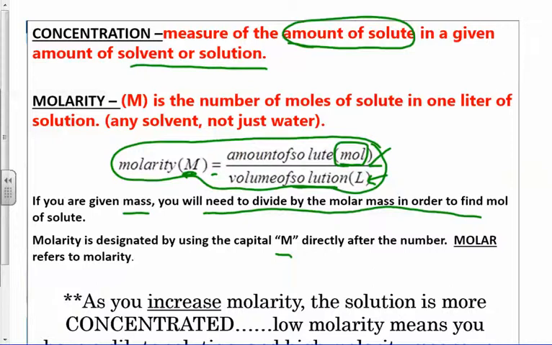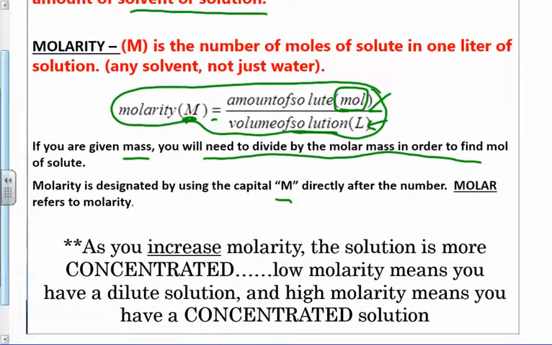So as you increase molarity, the solution is more concentrated. Low molarity means you have a dilute solution, and a higher molarity means you have a concentrated solution. So if you have a 5 molar solution versus a 0.5 molar solution, which one has the more concentration? It would be your 5 molar, because that would be a whole number.